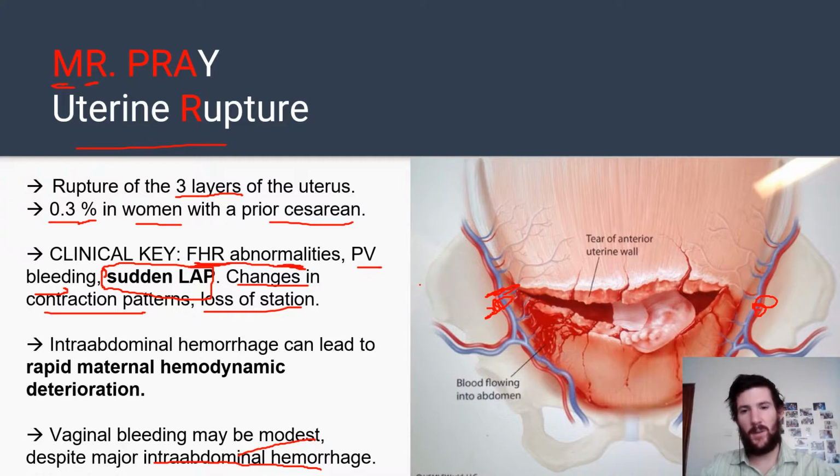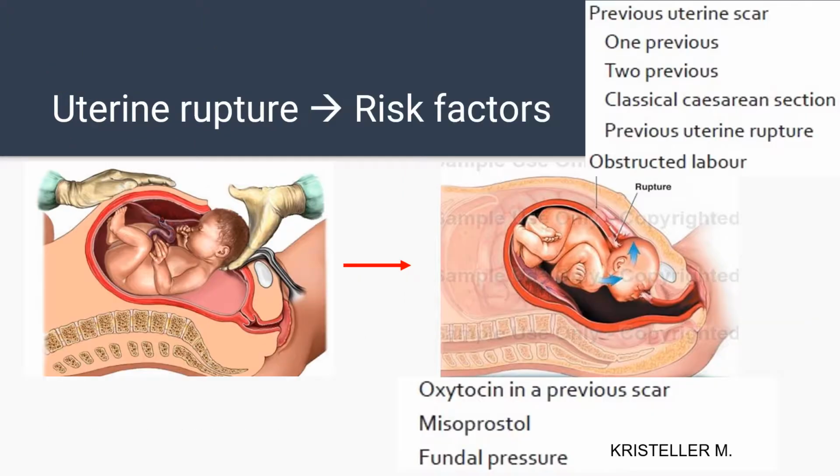And if you see a mother in shock and she had a previous C-section years ago, maybe she can have a uterine rupture. It's very important to have the suspicion, because the treatment has to be very fast. So which are the risk factors for having a uterine rupture?